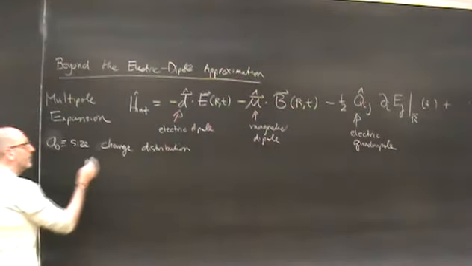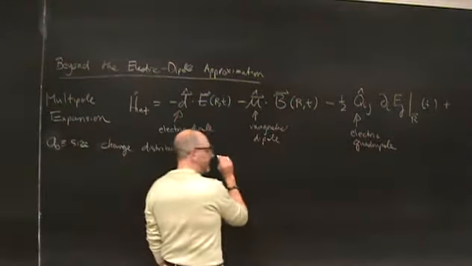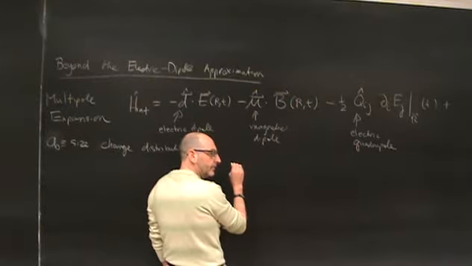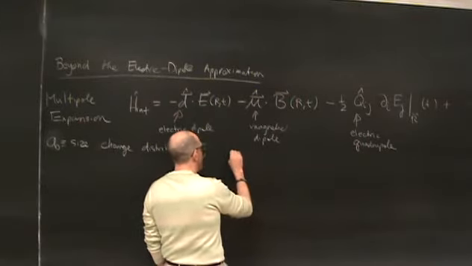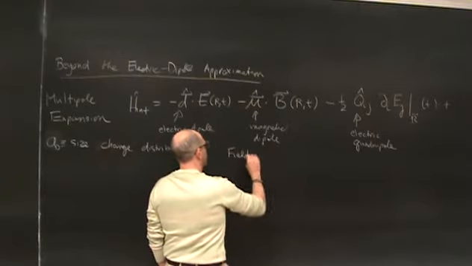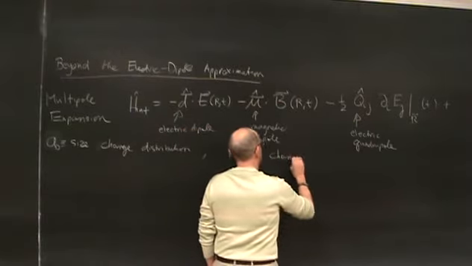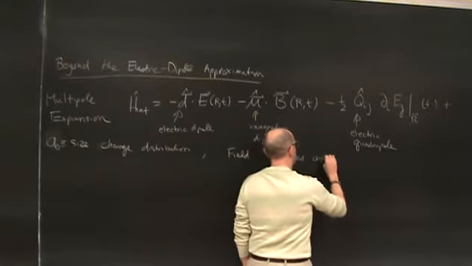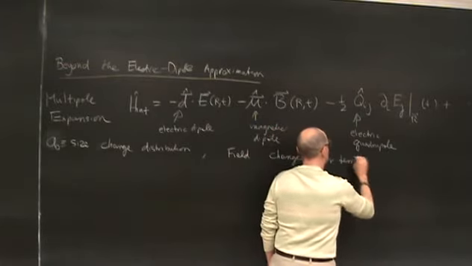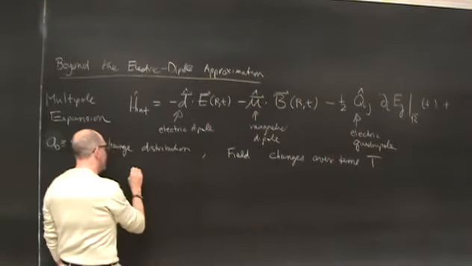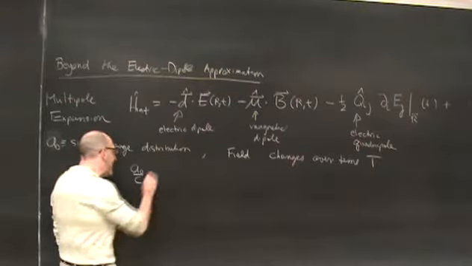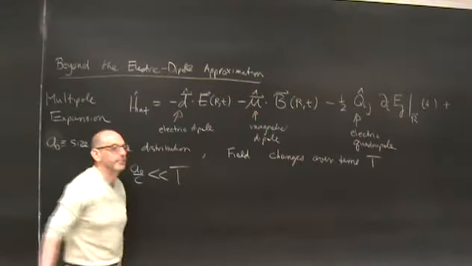Then the multipole expansion is basically saying the following: if the field changes over some time scale t, the time that it takes light to travel across the sample is absolutely tiny compared to t.